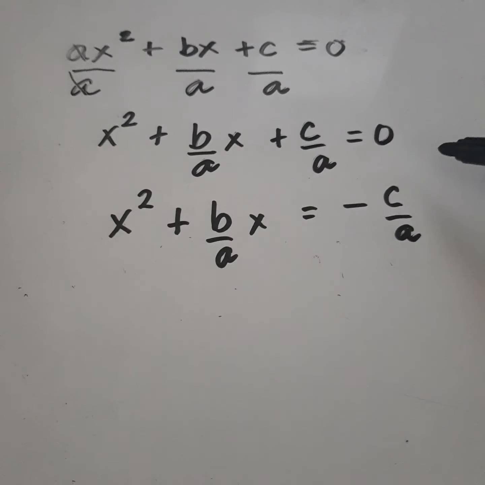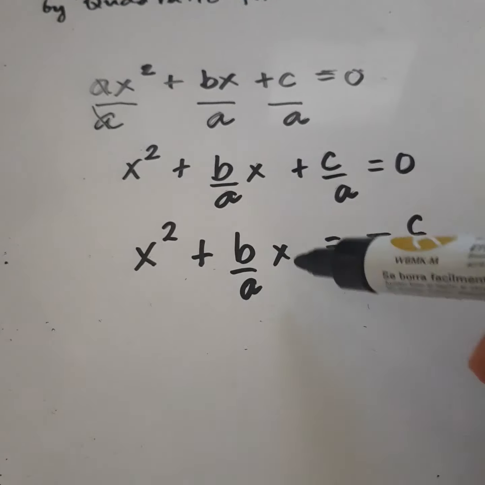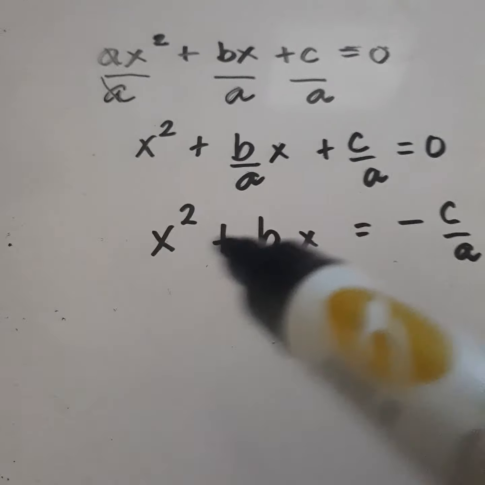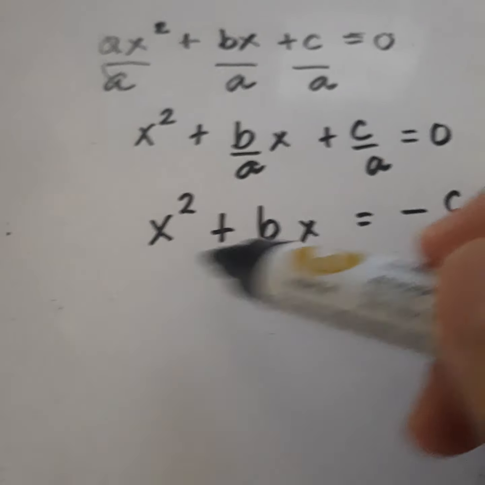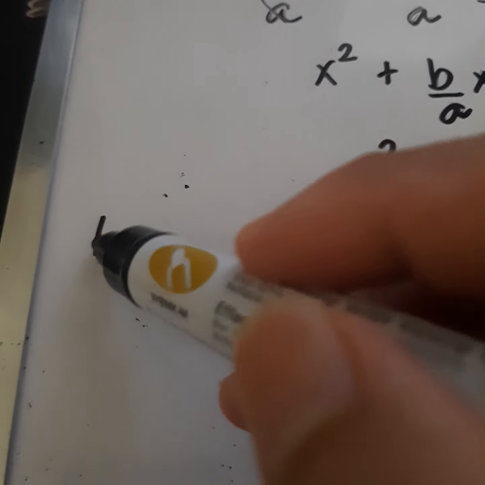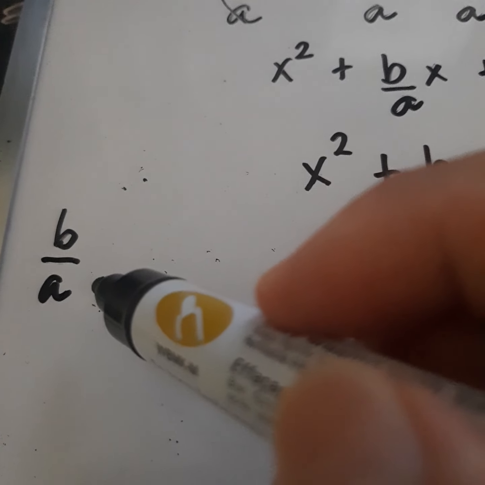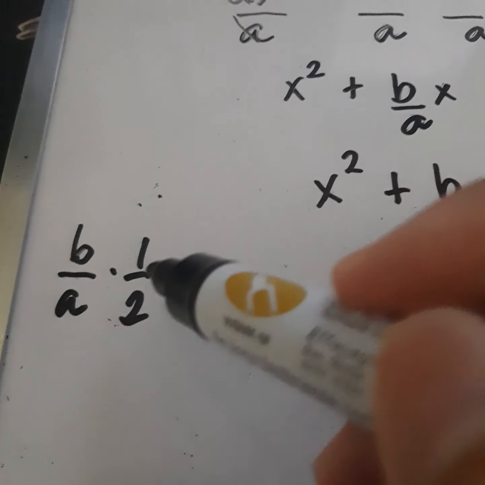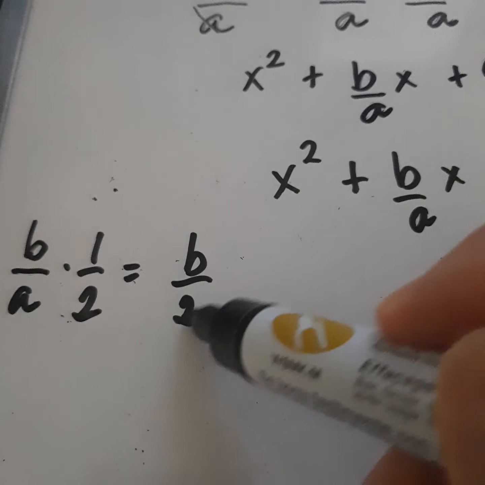Remember, dun sa previous steps natin, to determine the third term sa left side ng equation, kung gagamitin natin yung coefficient ng second term. So, the coefficient is b over a. So, i-divide natin siya sa 2. So, division ng fraction, i-reciprocal natin. So, we have b over a times 1/2 equals b over 2a.